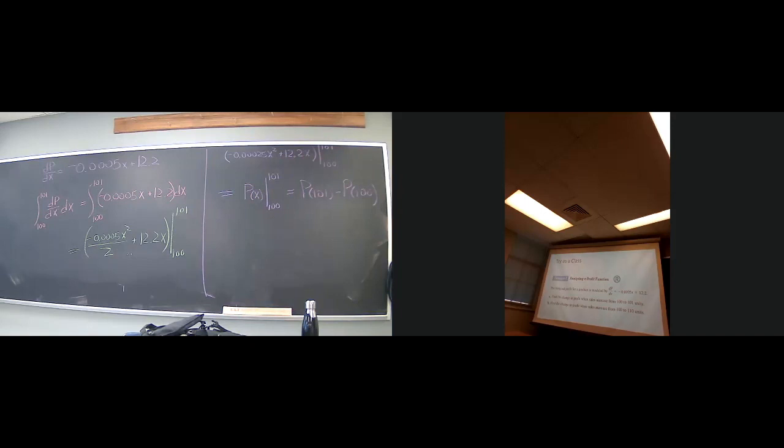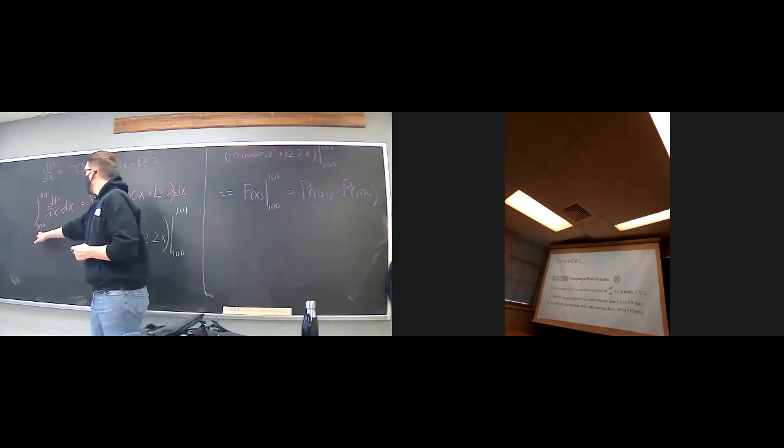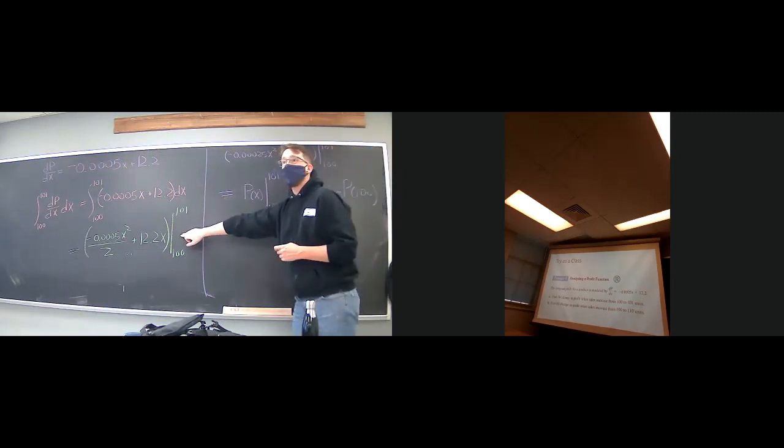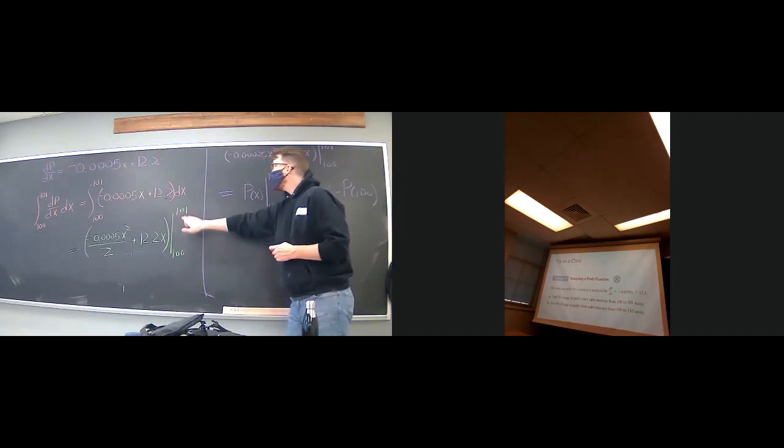The second part is from 100 to 110. So all we're going to change really is our bounds, right? The integration stays the same, so our bounds are changing here, and that's it. Part of the point that I'm trying to illustrate here is doing this integration first will sometimes allow you to skip steps down the road.